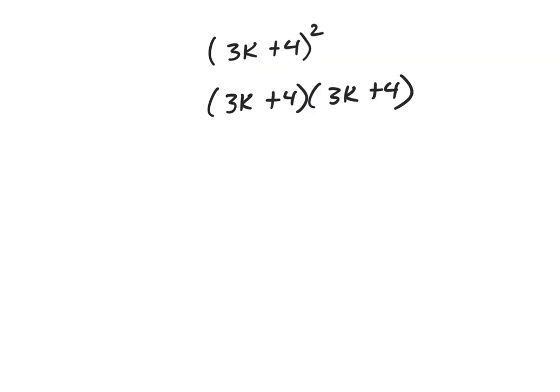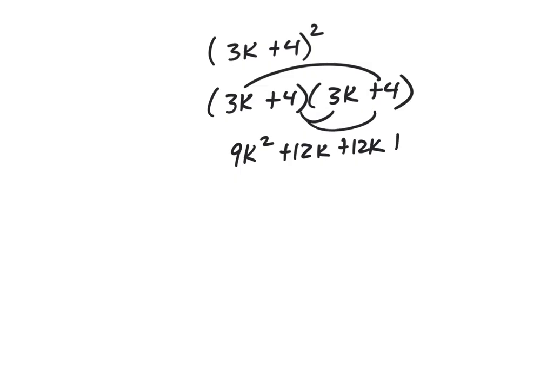But if I write it out side by side, 3k plus 4 times 3k plus 4, then I identify that as a FOIL problem. And I know I've got a FOIL. So as long as you write it out, now you know I'm going to have 4 terms. 3k times 3k. 3k times 4. 4 times 3k. 4 times 4.